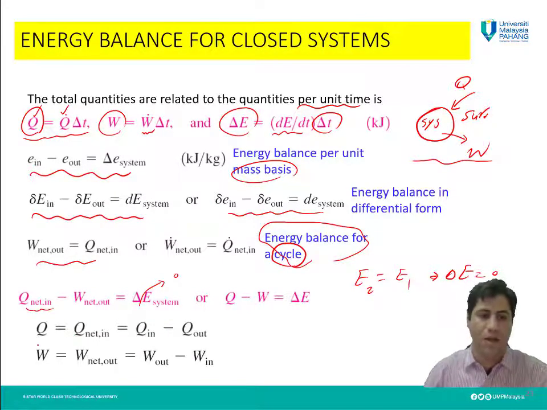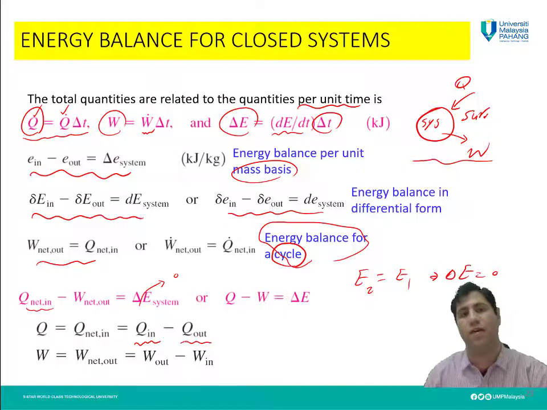Q net, or net heat transfer of the system, will be equal to the heat which comes to the system minus the heat which goes out of the system.